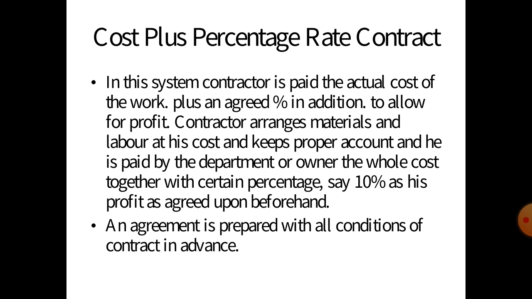So the contractor arranges the material and labor at his cost and keeps proper account, and he is paid by the department or owner the whole cost together with a certain percentage, say 10%, as his profit as agreed upon beforehand. And the agreement is prepared with all the conditions of contract in advance.